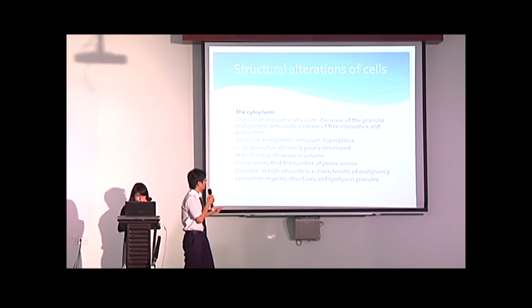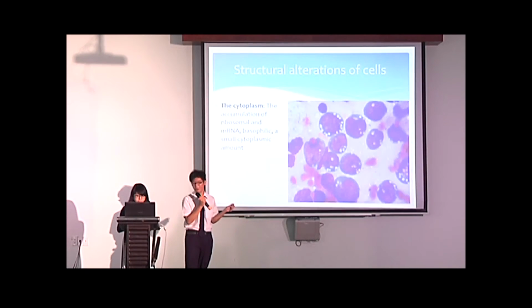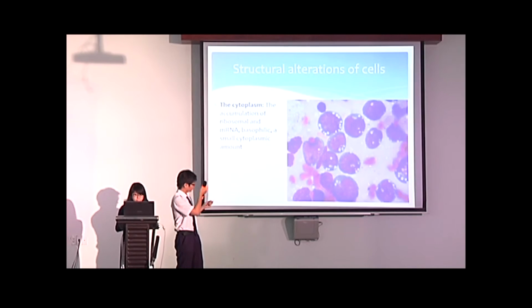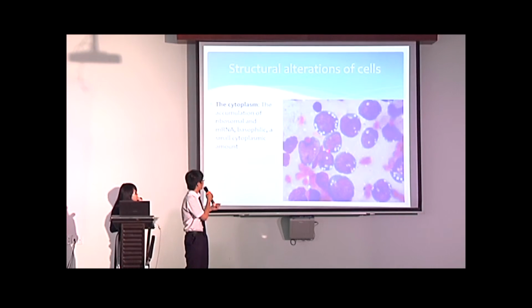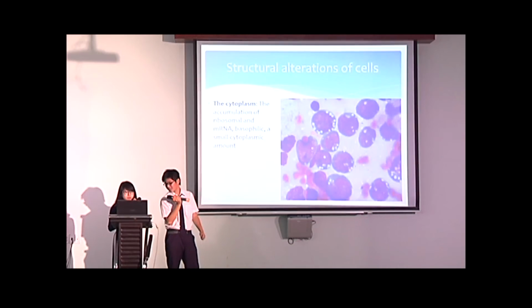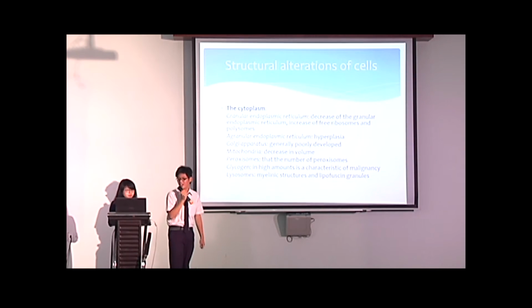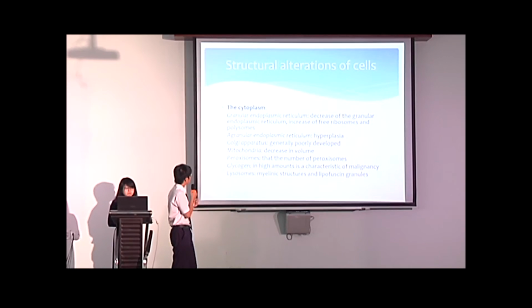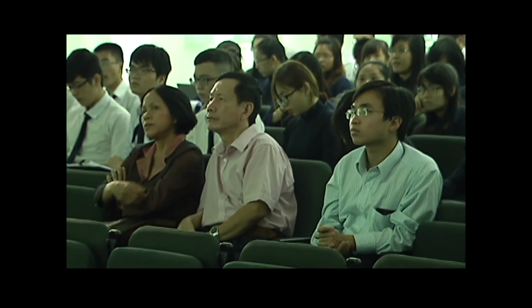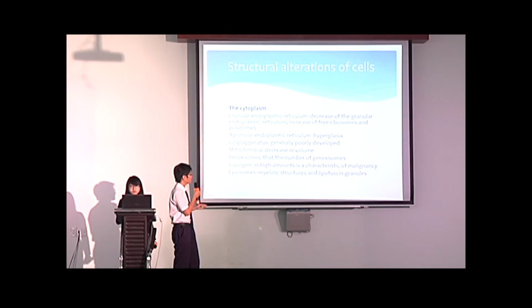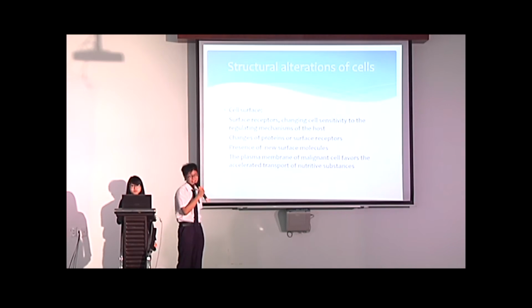As you can see in the pictures, it's blue, so it's basophilic expanding. Next, we have some other organelles in the cytoplasm, like granular endoplasmic reticulum, and a high amount of nucleoli, characteristic of malignancy.